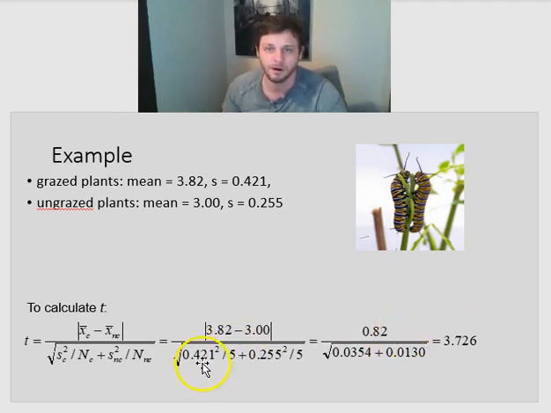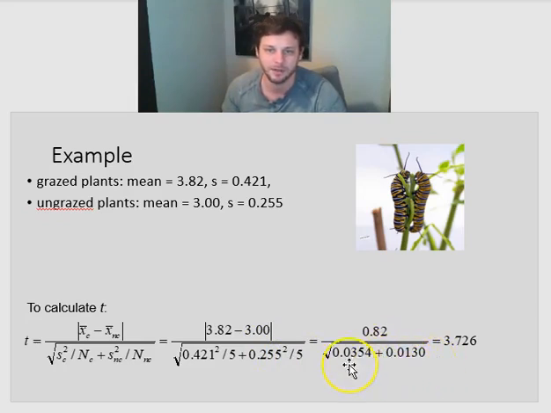And then we have our S of 0.421 squared divided by the sample number, which was 5. And then over here, again, 0.255 squared divided by the sample, which is 5. And here you can see those numbers, 0.0354 and 0.0130.